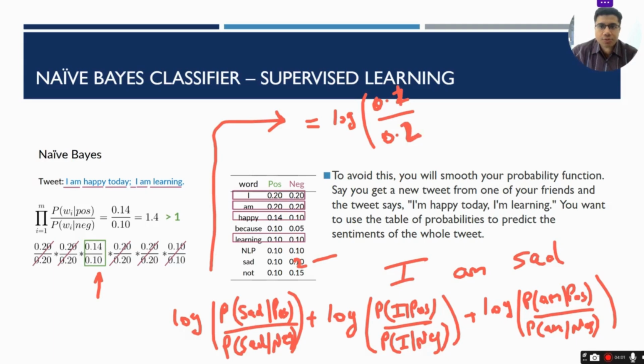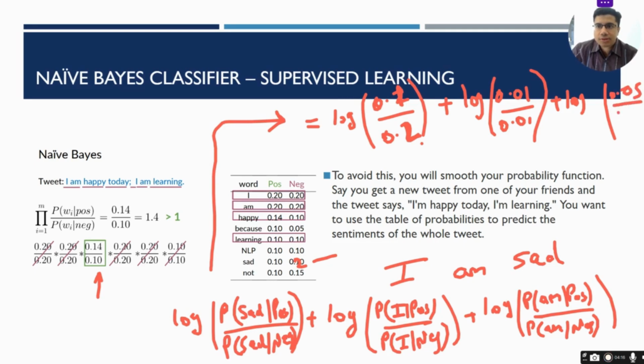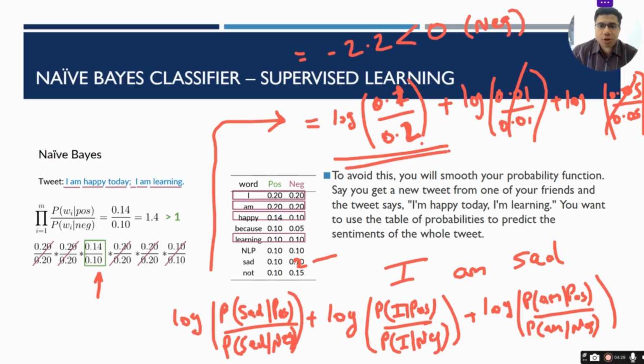The negative is at the denominator and positive is at the numerator, whereas for the others it is the same, and for the word am also it is more or less the same. So this will be 0, this will be 0, and this will be negative, which means that the sentence will be classified as a negative sentence because the word sad occurs in that sentence.